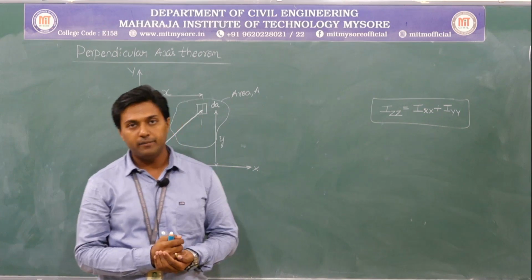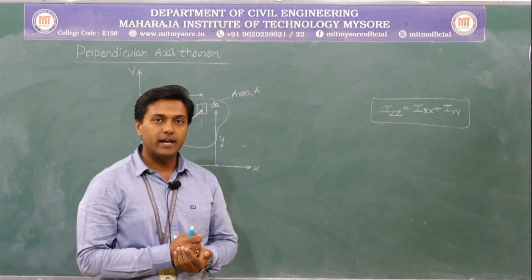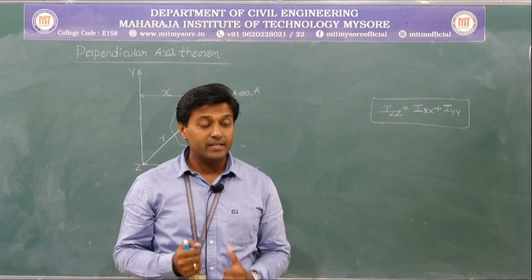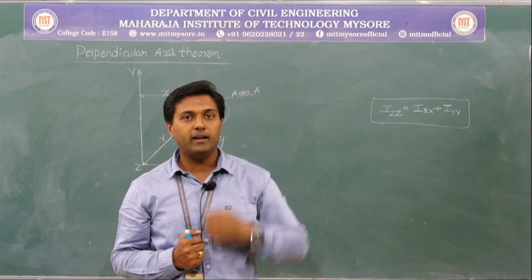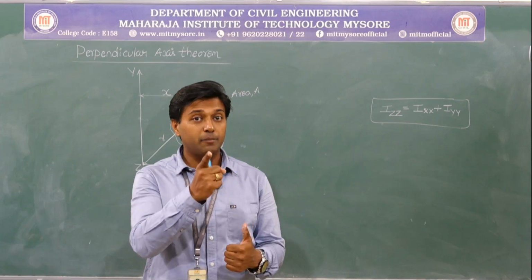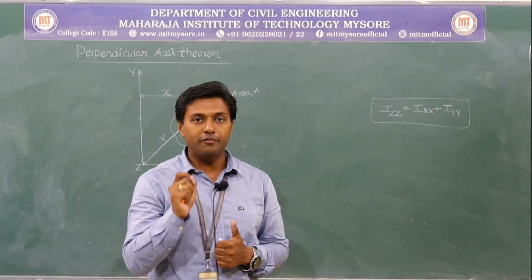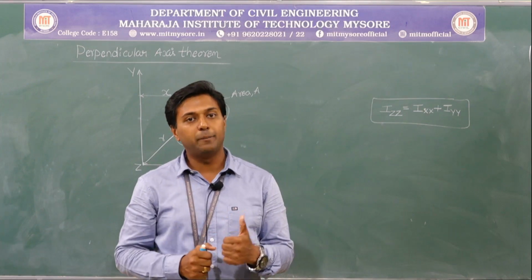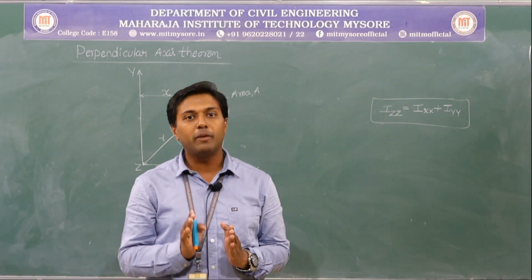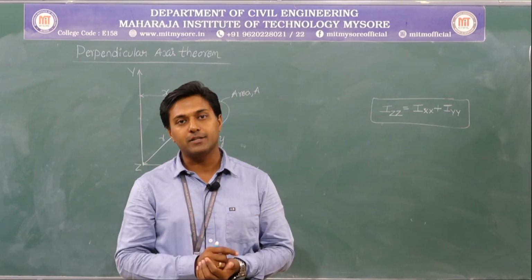So let me define it. What does the perpendicular axis theorem state? It states that the moment of inertia of any area about an axis perpendicular to its plane, which is the polar moment of inertia, is equal to the sum of the moments of inertia about the two mutually perpendicular axes.